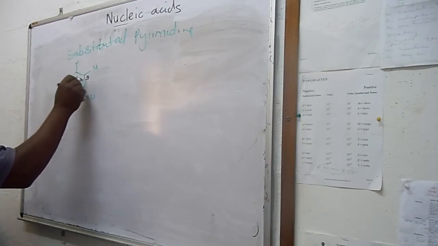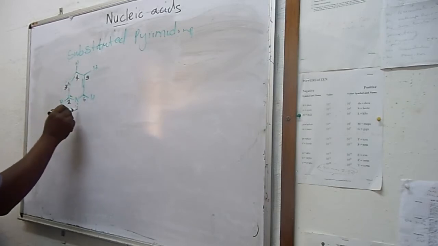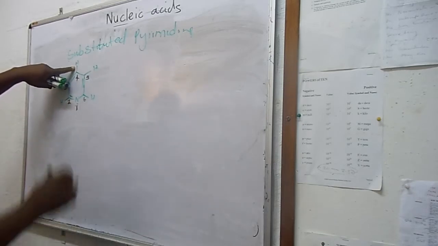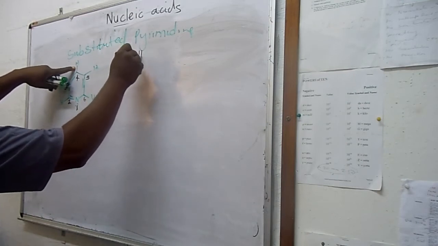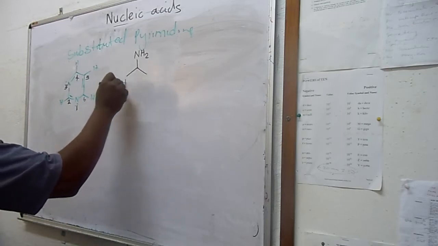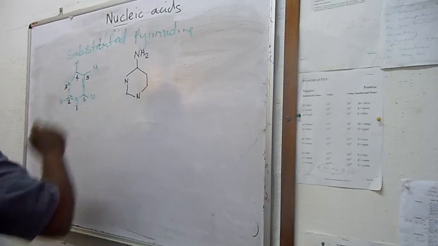This is 5, this is 4, this is 3, this is 2, this is 1. So if you substitute this hydrogen at position number 4 with an amino group, we put an amino group there.